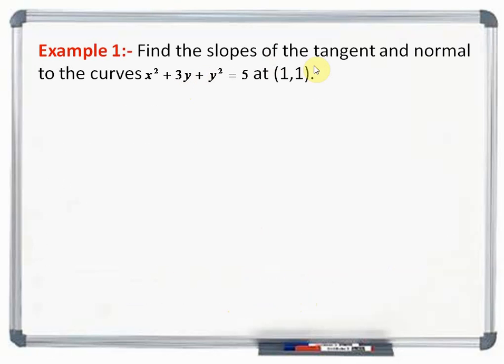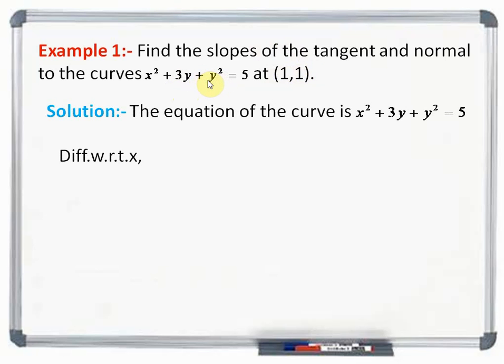Find the slope of the tangent and normal to the curve x square plus 3y plus y square equals 5 at the point (1, 1). First of all we differentiate the given curve, and after differentiation we have 2x plus 3 dy over dx plus 2y dy over dx equal to 0. So we calculate dy over dx, it comes minus 2x upon 2y plus 3.